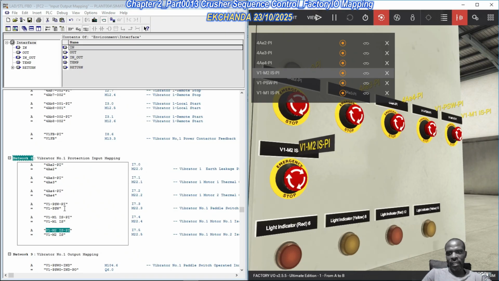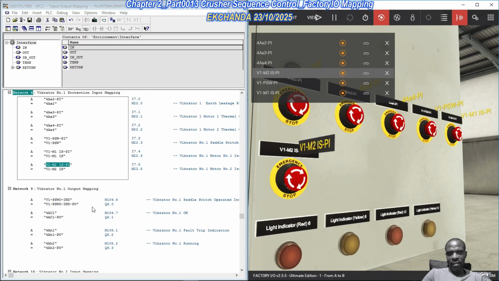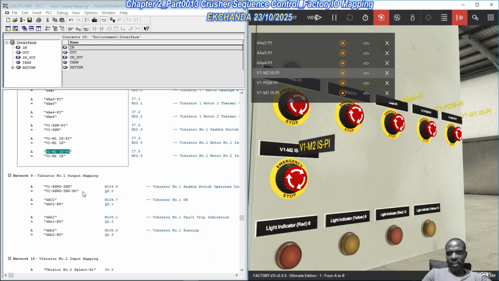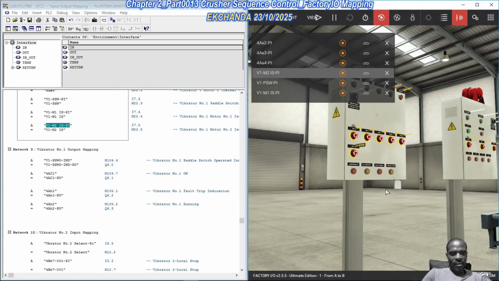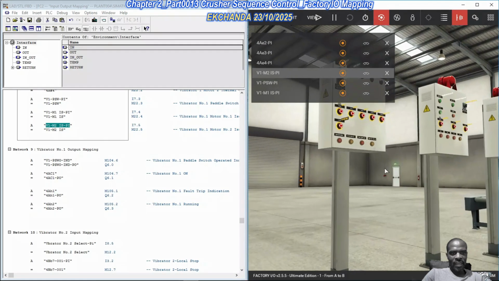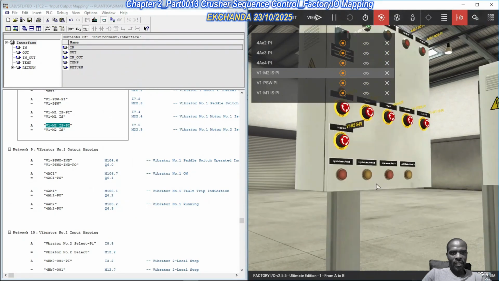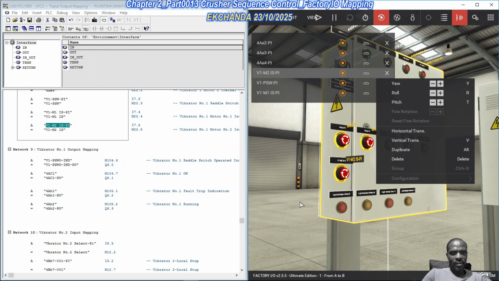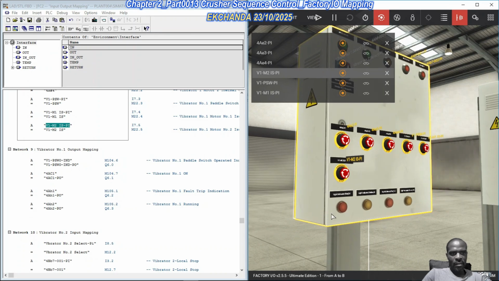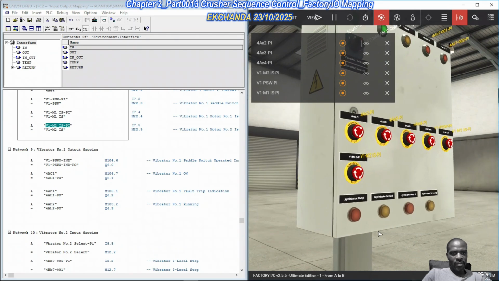So we've done all the protection inputs for vibrator number 1, and there comes the vibrator number 1 output mapping. Okay, so the outputs should be the last line right about here at the very bottom.